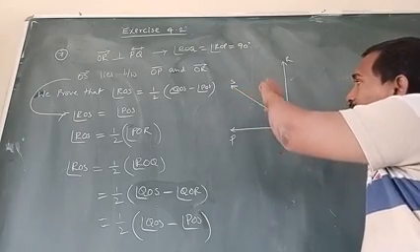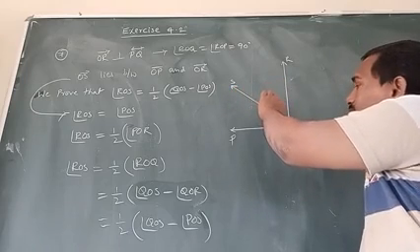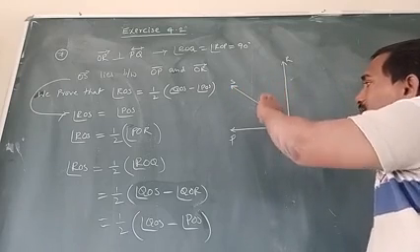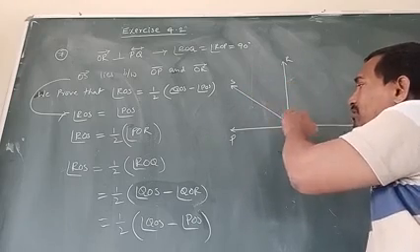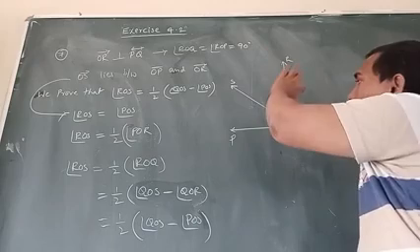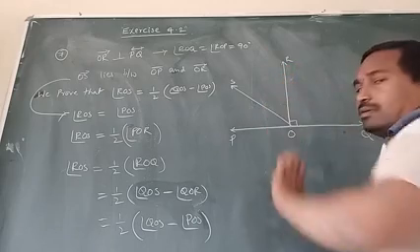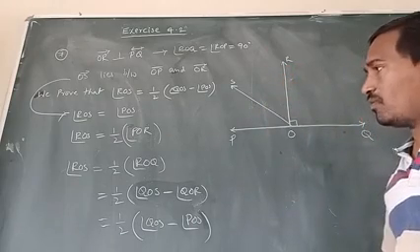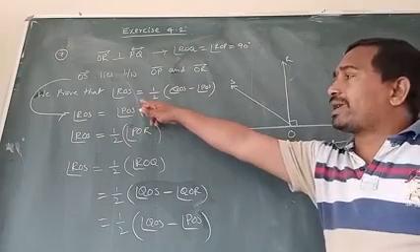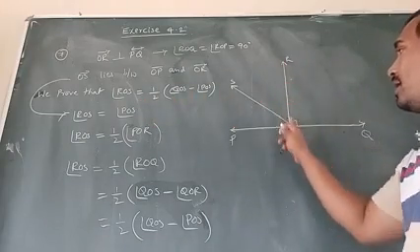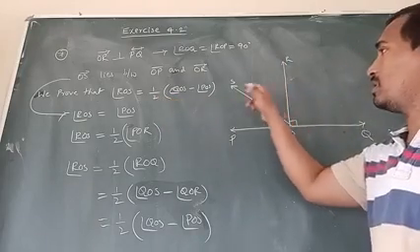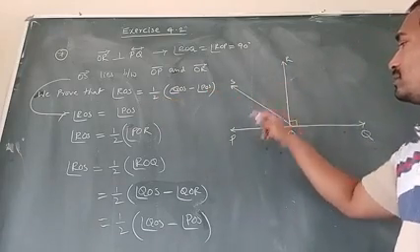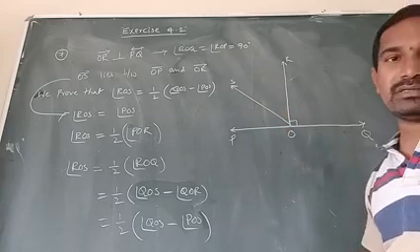Are you getting it? This ray lies between OP and OR, between these two rays. Now we prove that angle ROS is equal to half of QOS minus POS.